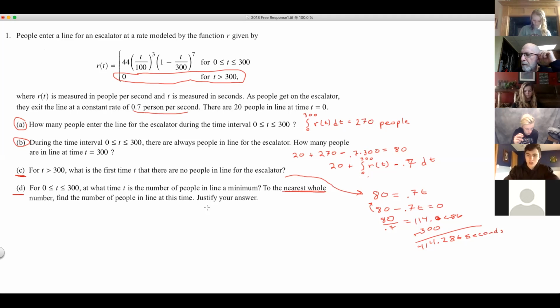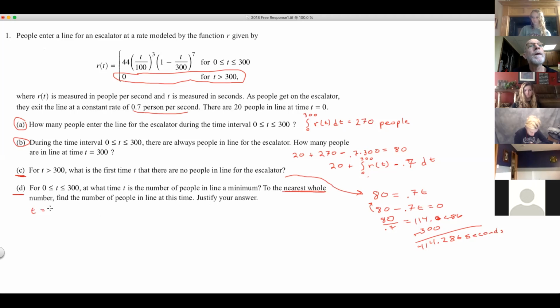So on this problem, Adam, where could the minimums be? Either at the two endpoints, the 0 or the 300. I think that's great. So it could be at t equals 0.